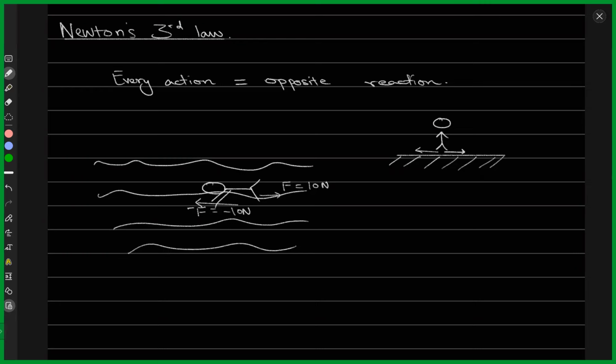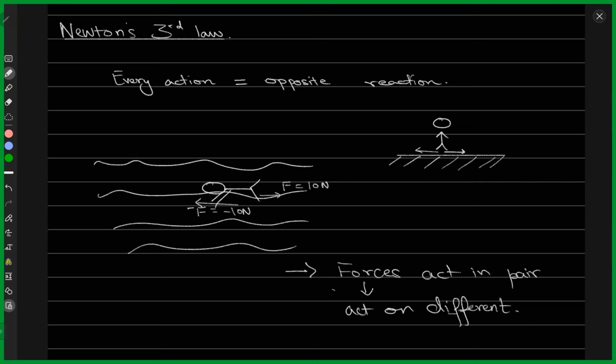How am I able to walk? How am I able to do anything really, for that matter? But the key point to remember is that forces act in pairs in such a way that they act on different bodies. They're not acting on the same body.